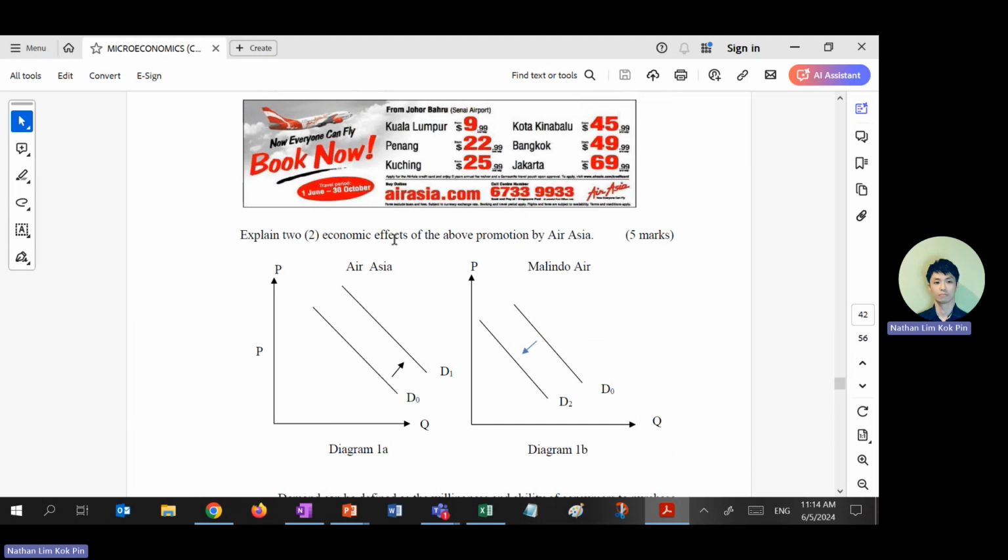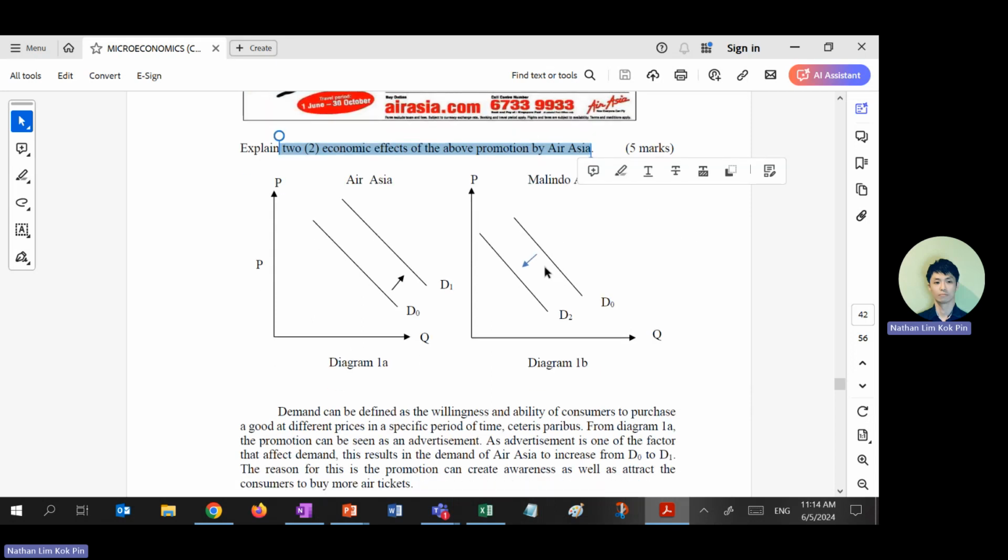You see, before that, the question now asked me to draw diagrams. Why do I draw?